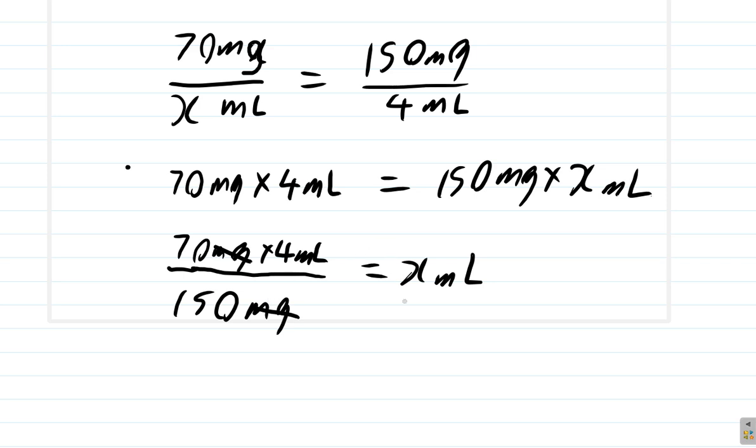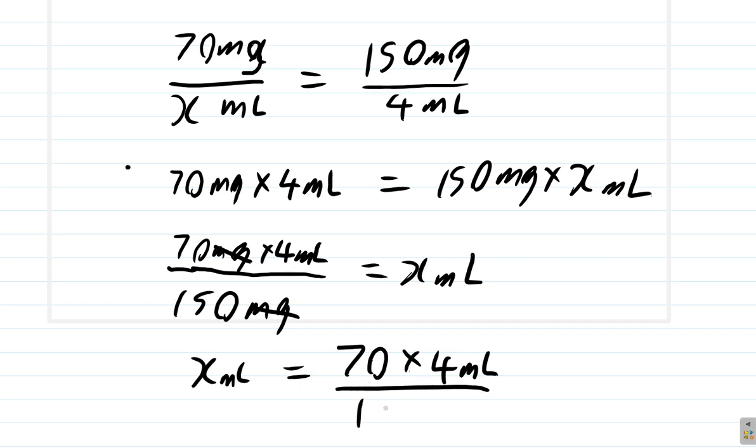Let me put the X over on the left hand side here. X milliliters is equal to 70 by 4 milliliters divided by 150. So here now, we can multiply out 70 by 4.